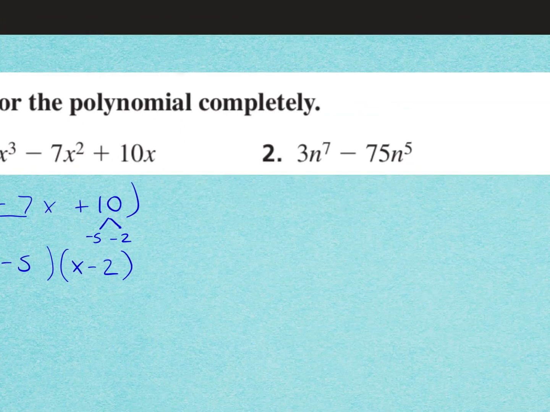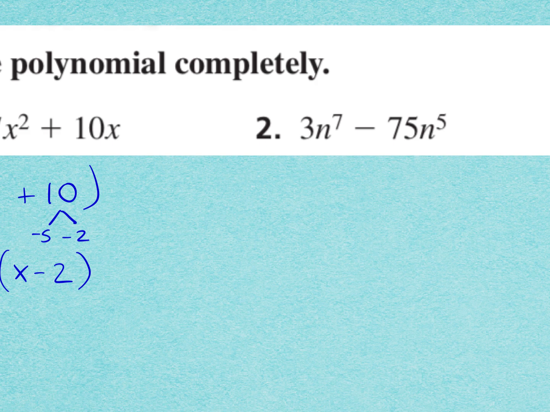Let's look at 2. What should we do first for number 2? 3n to the 5th, perfect. We're going to take out a 3n to the 5th power. When we divide out a 3n to the 5th power, what are we left with? Minus 25, perfect. n squared minus 25.